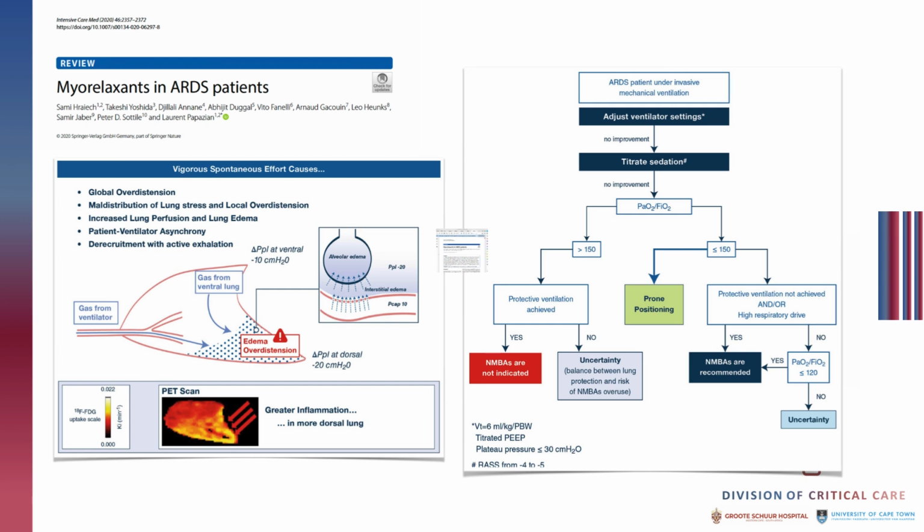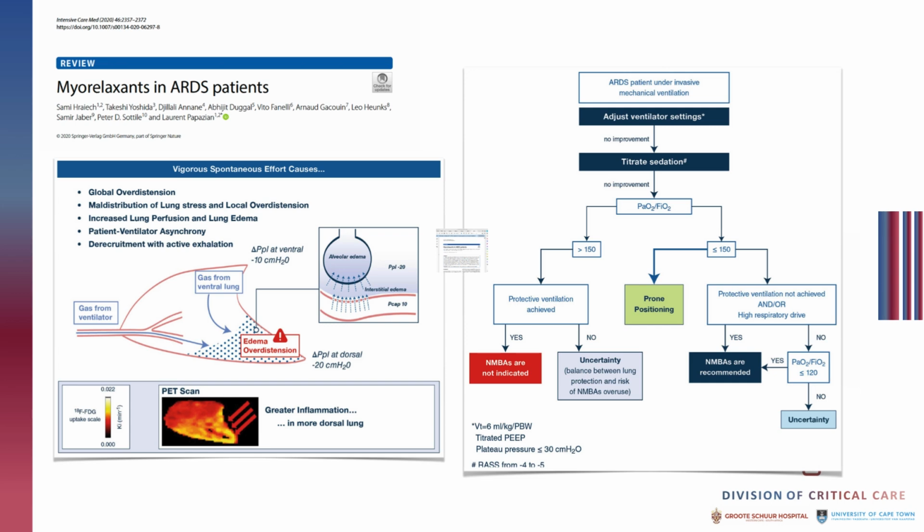And once your PF ratio is less than 150, you need to think about adjusting ventilator settings, titrating sedation, analgesia, etc. Making sure that you consider proning patients after you've ensured that we have lung protective ventilatory settings, and then to also consider neuromuscular blocking.